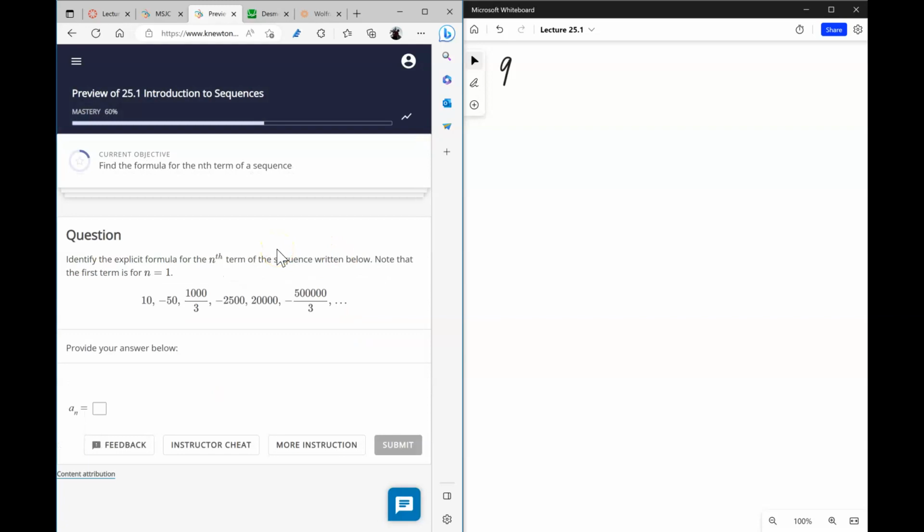Another one of those recognizing the pattern problems. So we have 10, negative 50, 1000 over 3. Again, that could give away the pattern. Five zeros here over 3.